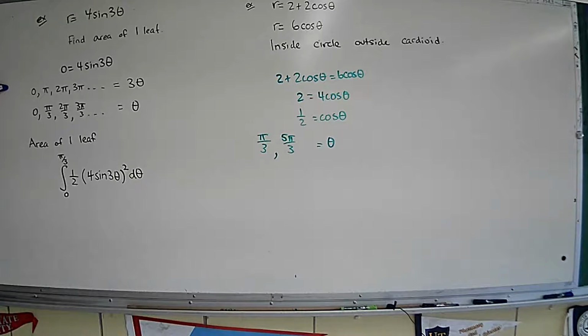Okay, so watch this. I'm going to turn the other one off. We know we got the bounds on the cardioid, what we wanted. But the circle is going to be a little goofy.